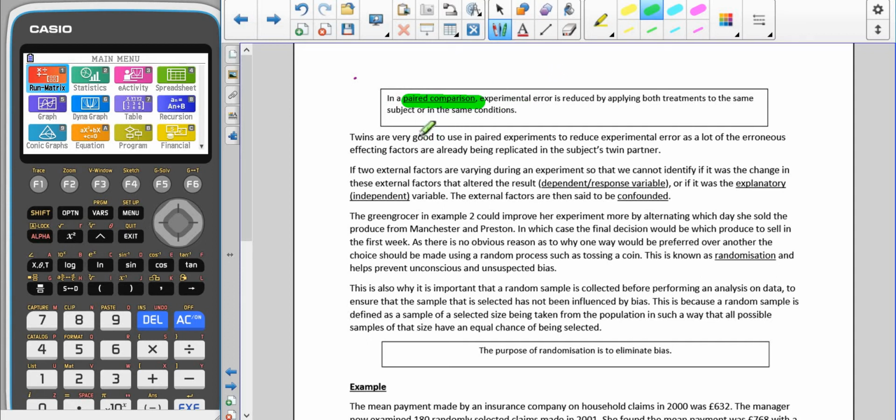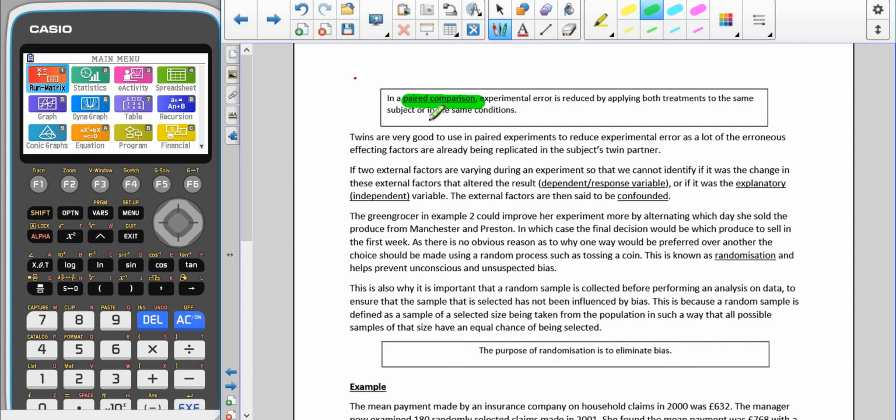Now, if you study anything like psychology, this comes up all the time. Twins are used for all types of experiments, and the reason for that is that those erroneous variables are being controlled through the fact that they are twins.